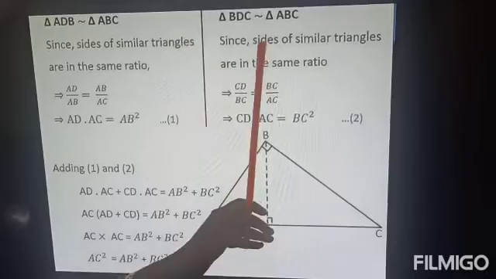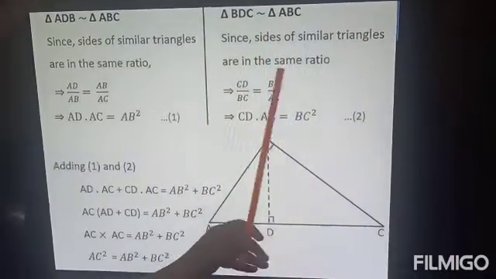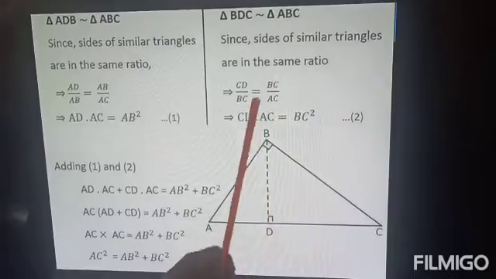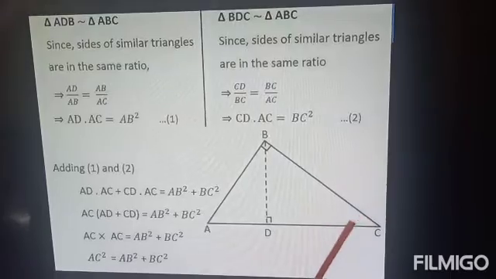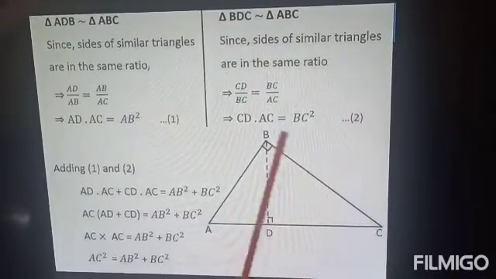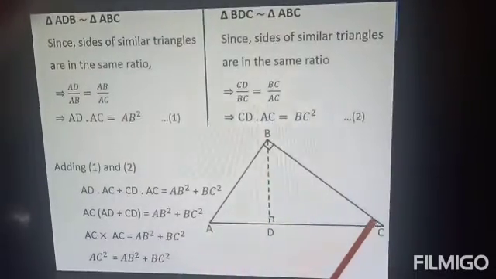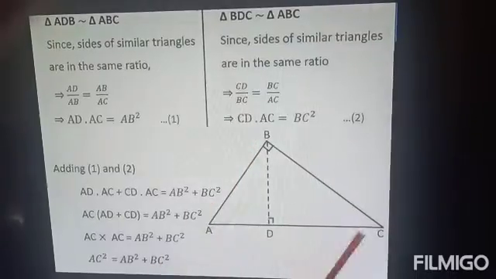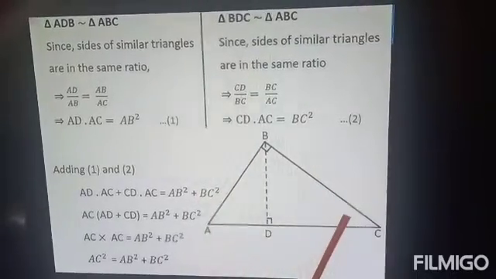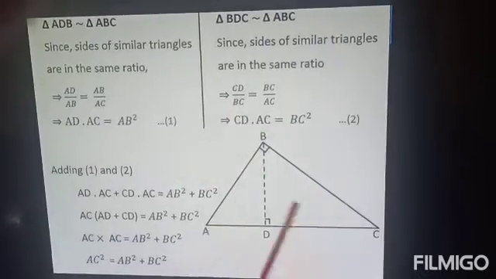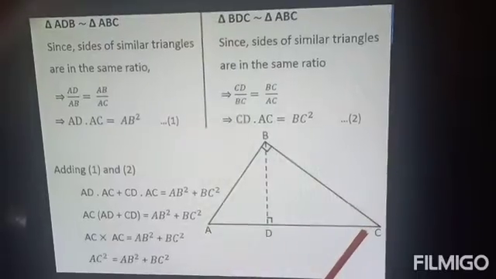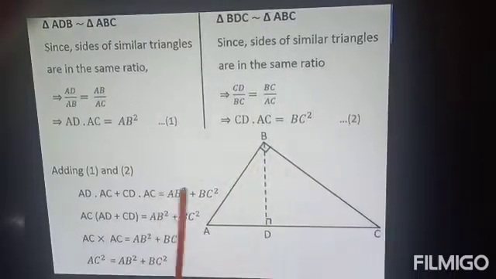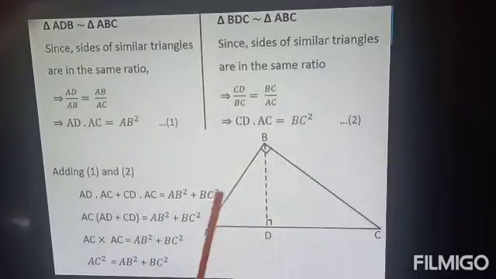These 2 are similar triangles because in both the triangles, a right angle is there, and angle C is common for both the triangles. By taking one right angle in both and one common angle in both, we can say those 2 are similar or equiangular triangles.